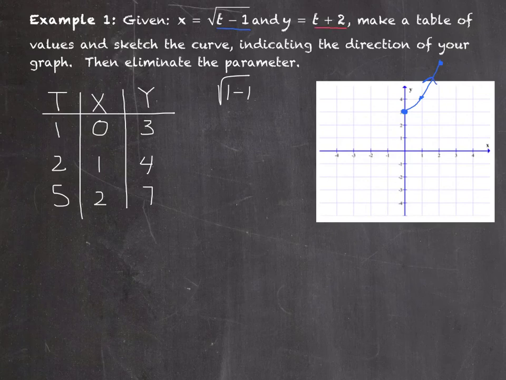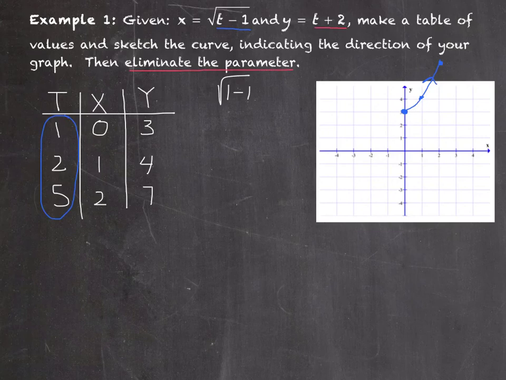When you only wanted a certain portion of the graph, you can control how much of that graph you want by controlling the time that you let this thing run. So we are going to figure out what equation this is by eliminating the parameter, which essentially means you're going to solve both equations for t and set them equal to each other so that the letter t is eliminated.